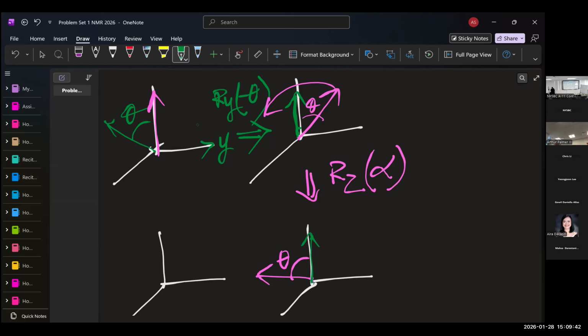Does it matter if the magnetization ends up in the YZ plane or the other plane when we are moving it by angle minus theta? Are you talking about the sense of rotation? Yeah. We have this effective omega at z.